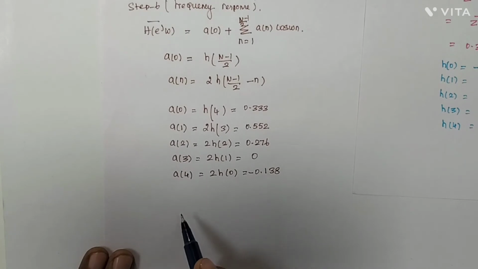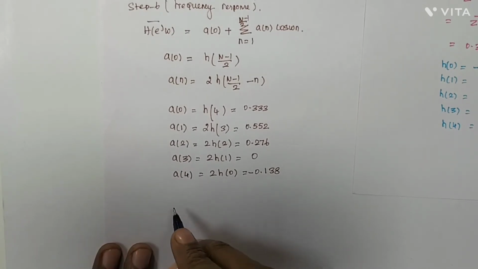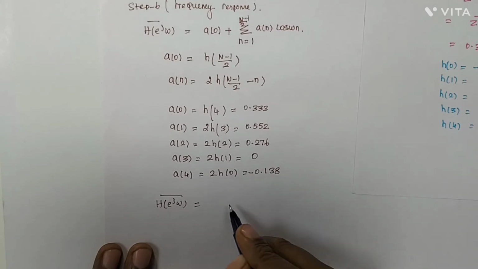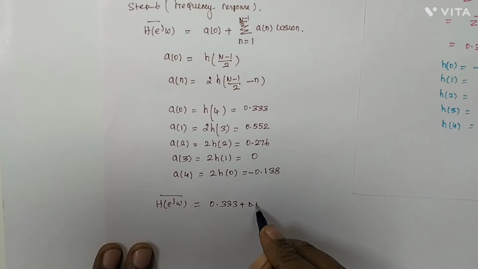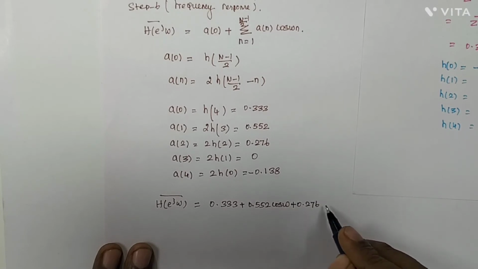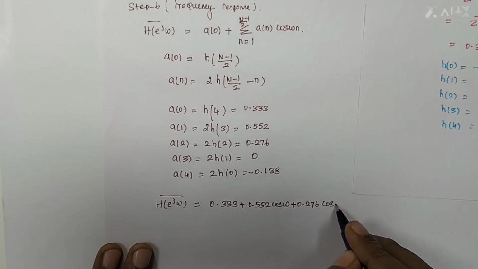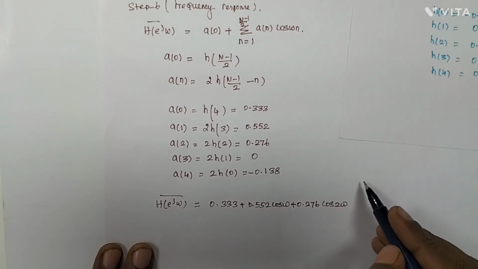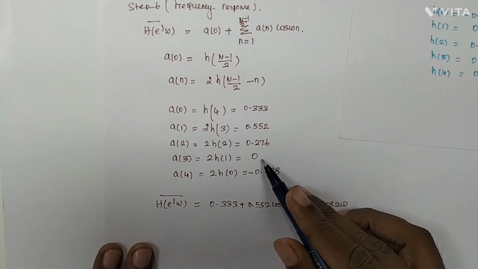0.138. So from this you have to find h of e power j omega is equal to a of 0. A of 0 is 0.333 plus a of 1, 0.552 into cos omega plus a of 2, 0.276 cos 2 omega plus, here the next filter coefficient is 0.